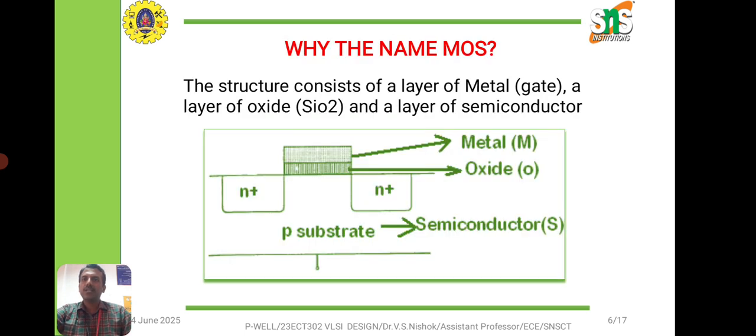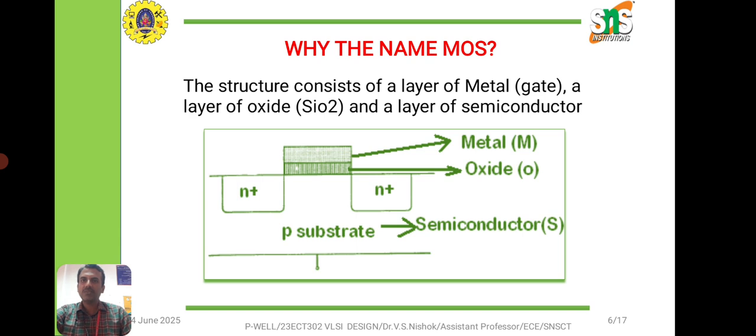So why the name MOS? Metal oxide semiconductor transistor. In the structure, as you can see in this diagram, we have a layer of metal above the gate terminal, then a layer of oxide, SiO2, and a layer of semiconductor.